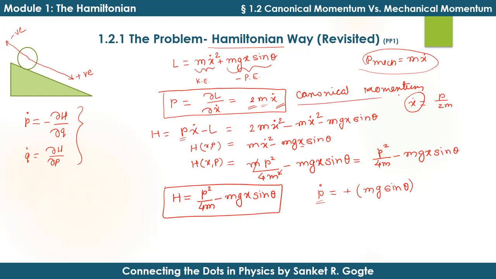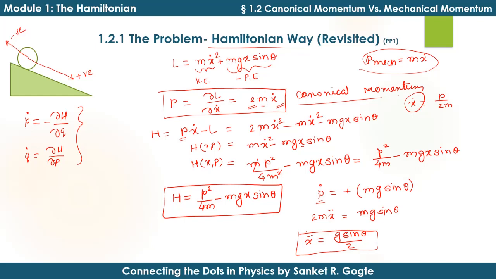So what I get when I plug that here is 2m x double dot is equal to mg sine theta, and x double dot is g sine theta by 2. So now with this formalism we have obtained the correct answer.